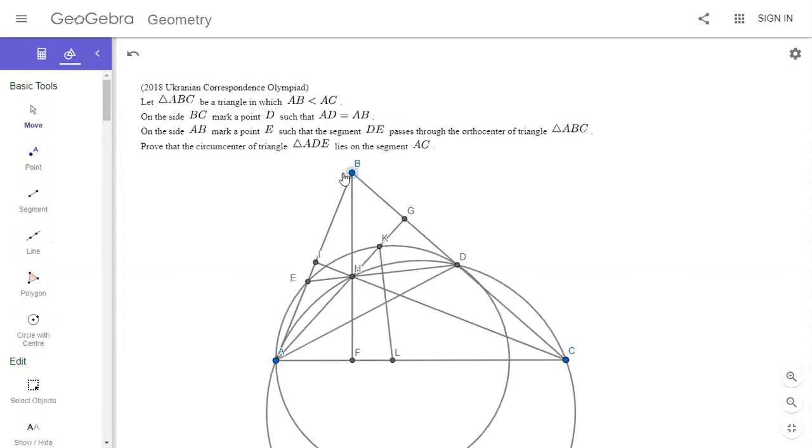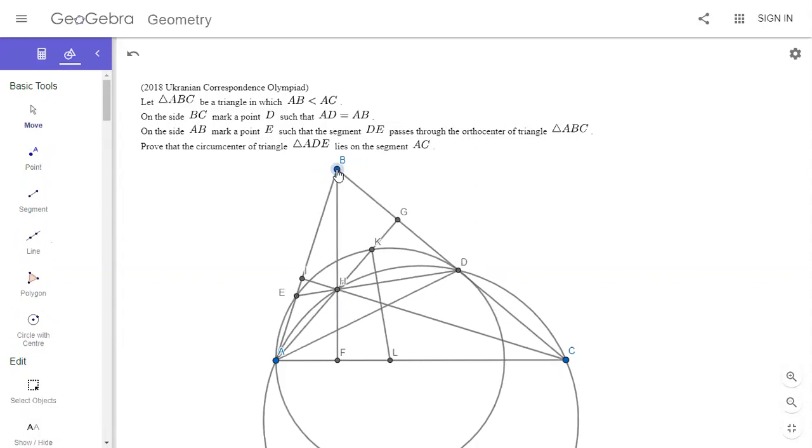Let's see. So we draw the perpendicular from K to DE and we let it meet AC at L, and then we want to show L is the circumcenter of ADE. So if we can calculate angle ALD and angle AED, that would do it.